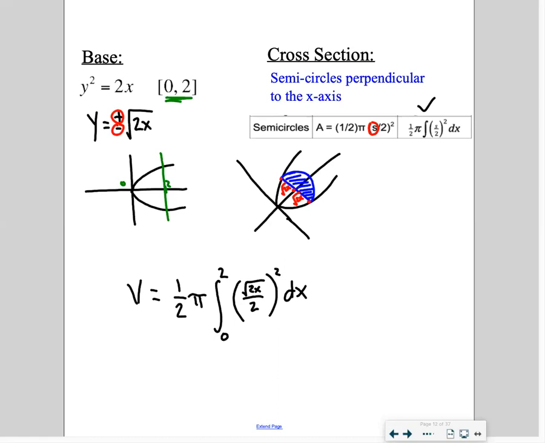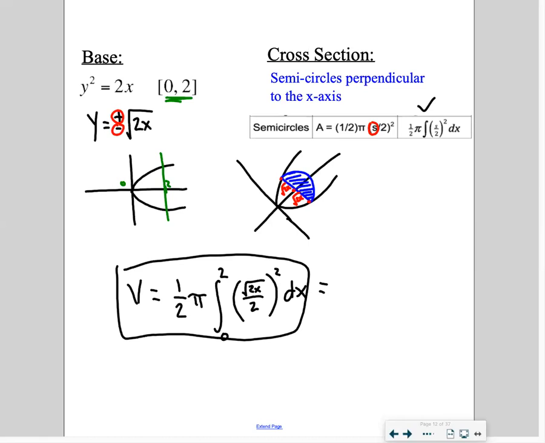You could leave it like this and plug it right into your calculator. If you wanted to distribute that power and simplify it a little bit more, you could do that. But technically, if you just plugged it in like this, we should all get the same answer. Let's see if we get that. I'll do it with you guys just to double check. I'm going to do 0.5 pi times math 9, 0 to 2.